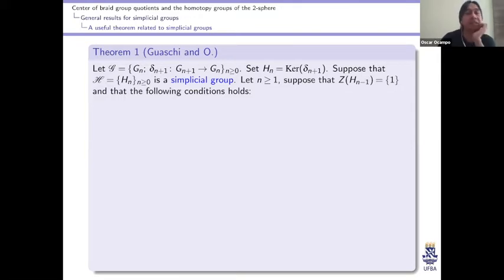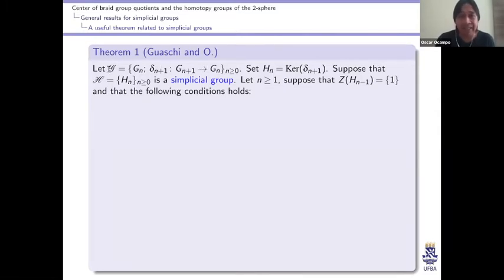So we will start with a simplicial, sorry, it is not a simplicial group, it is just a collection of groups with one marked homomorphism, delta_{n+1}.